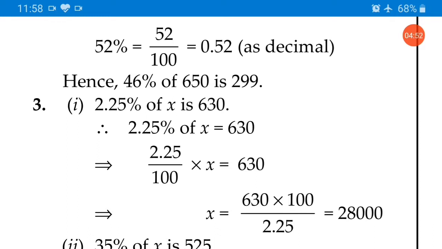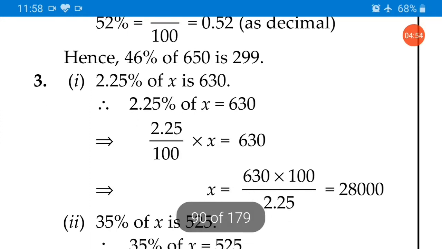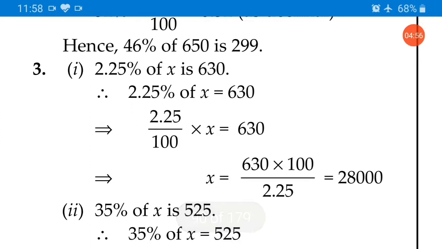I want the x value, so x is 630 multiplied by 100 divided by 2.25, that is 630 multiplied by 100 divided by 225. So x value is 28,000.